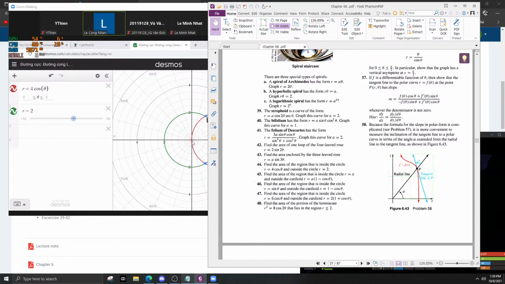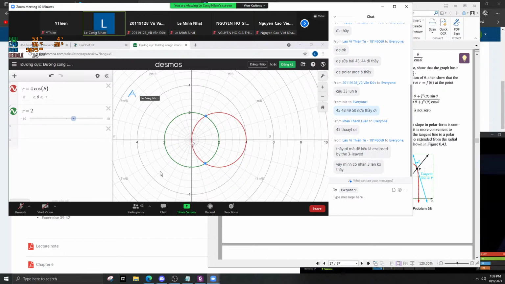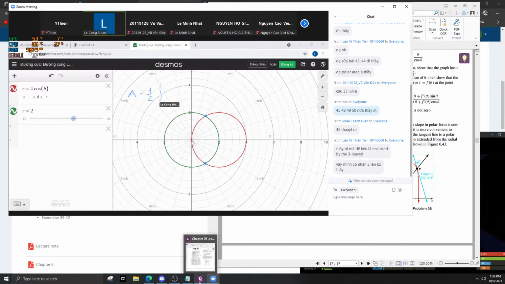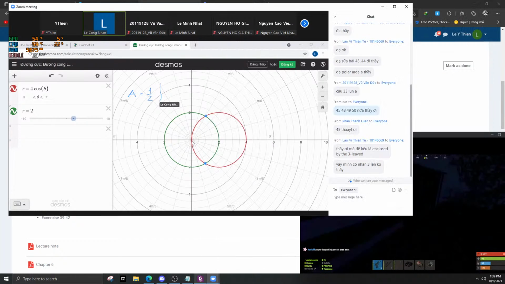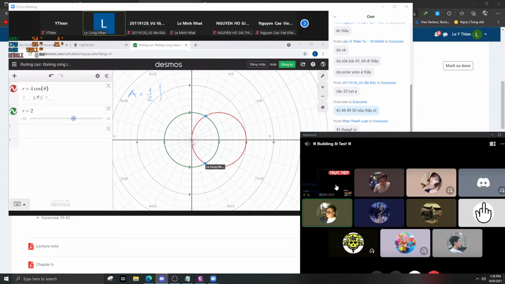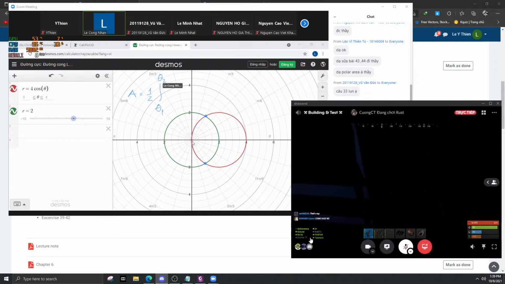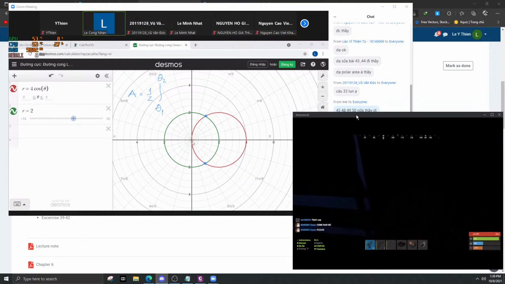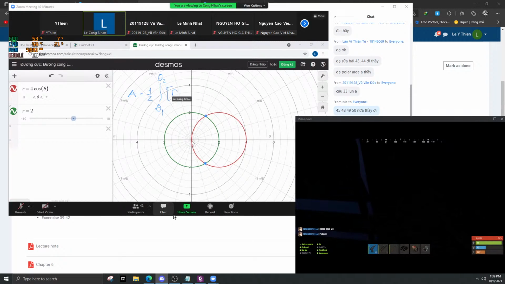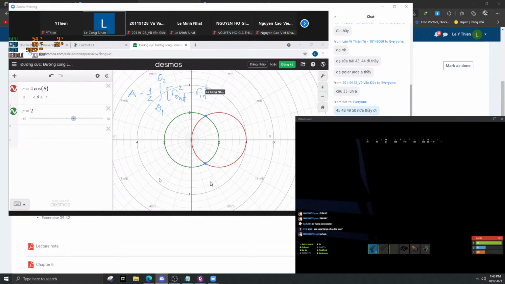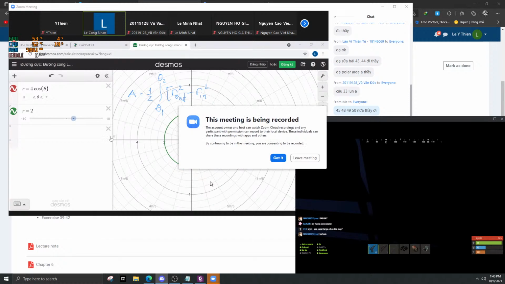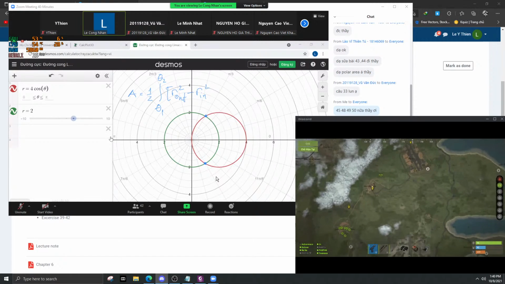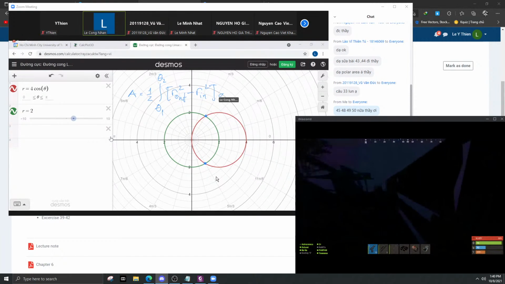So the formula for the area is 1/2 the integral from theta 1 to theta 2, where theta 1 and theta 2 are the polar angles of the intersection points, of the outer radius squared minus the inner radius squared, times d theta.